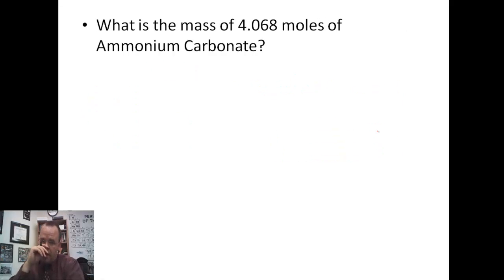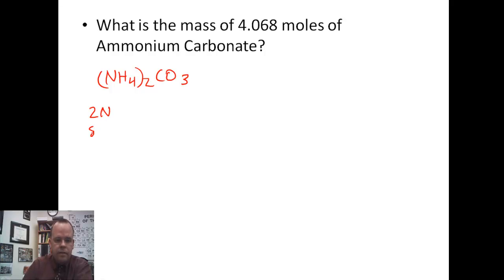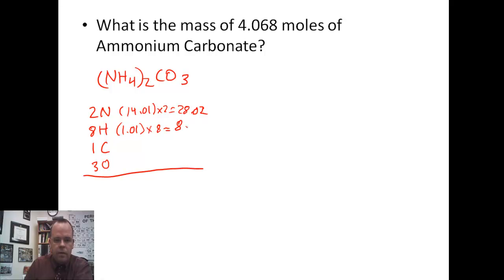One last problem. What is the mass of 4.068 moles of ammonium carbonate? Ammonium carbonate, (NH4)2CO3. So we have 2 nitrogens, 8 hydrogens, 1 carbon, and 3 oxygens. So nitrogen, 14.01 times 2, which is 28.02. Hydrogen, 1.01 times 8, which is 8.08.